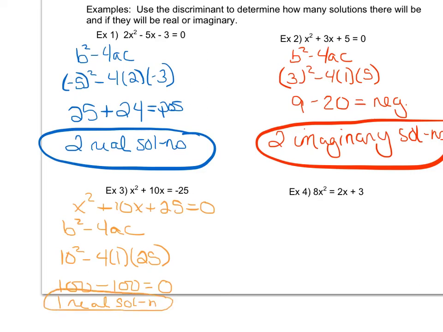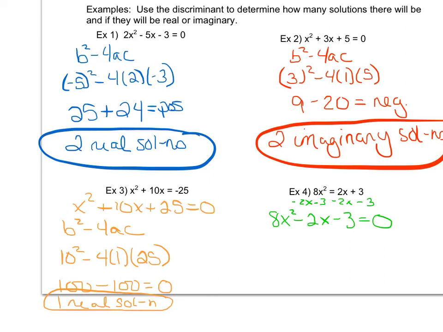And finally, example 4, very similar to example 3, I'm going to start by putting it in standard form. So I'm going to subtract 2x. I'll show my step on this one since I'm going to do both of them at the same time. And I'm going to subtract 3 because I personally don't like to have a negative quadratic term. However, I could have subtracted 8x squared from both sides.